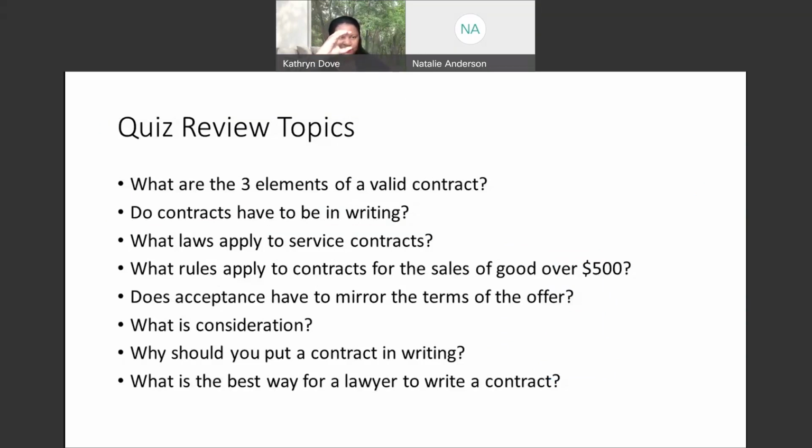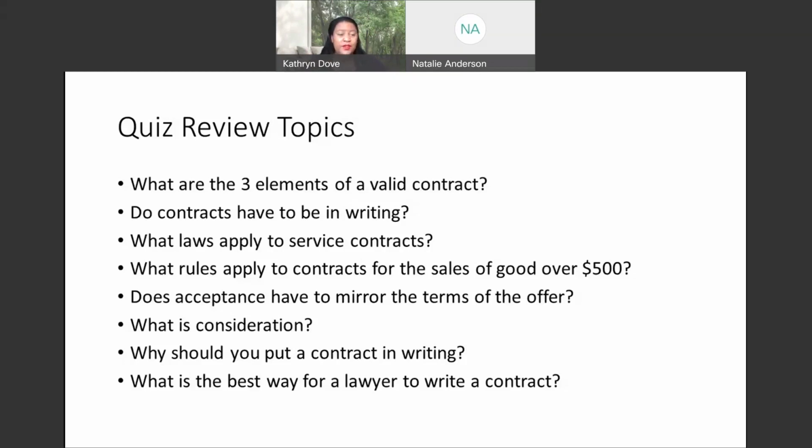I know it starts with a C. Consideration. Yes, so it's consideration. So what are the 3 elements of a valid contract? Offer, acceptance, and consideration.